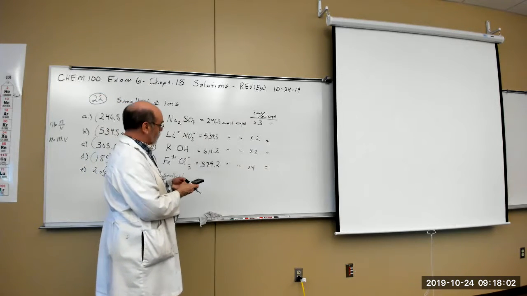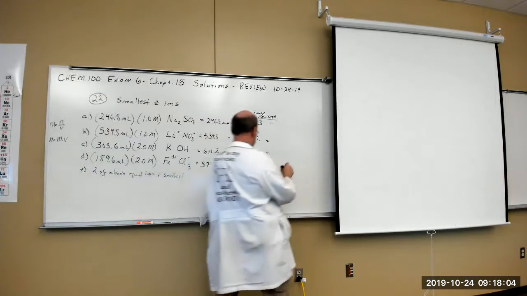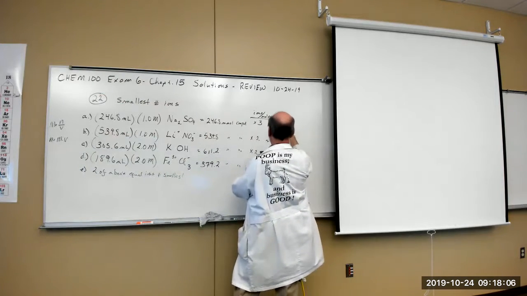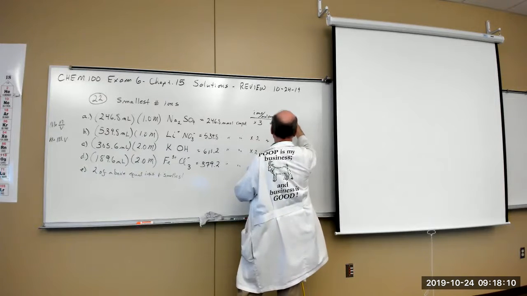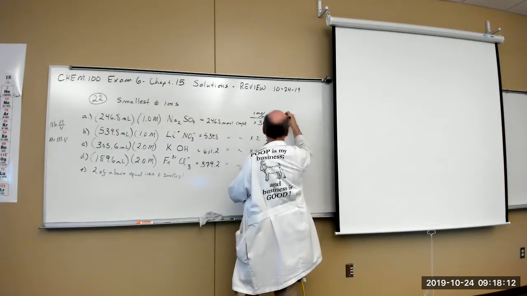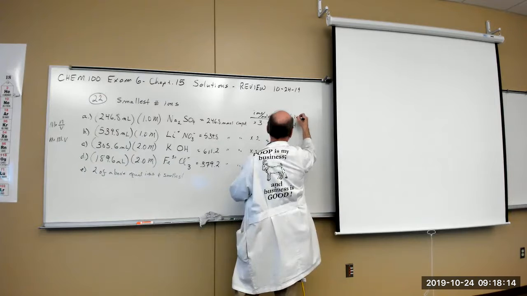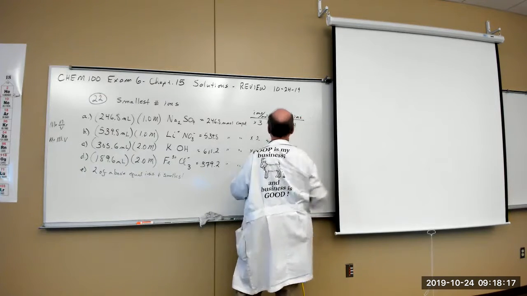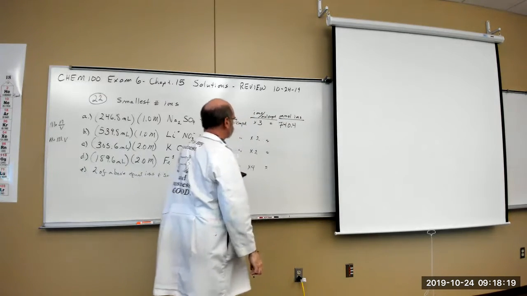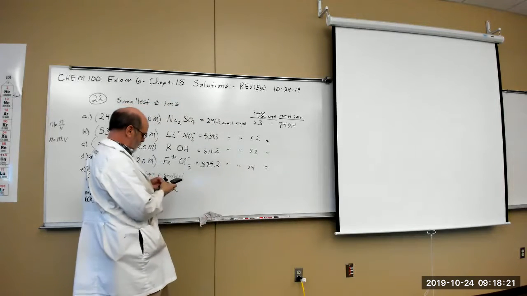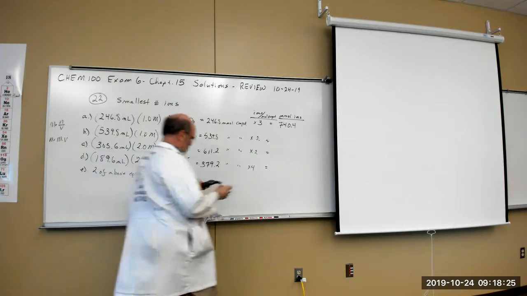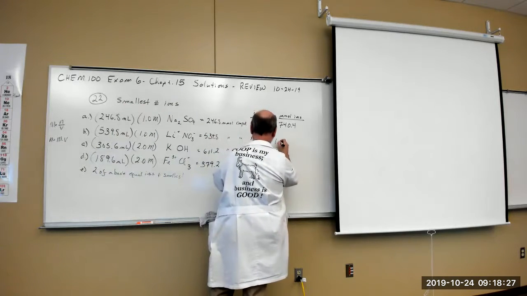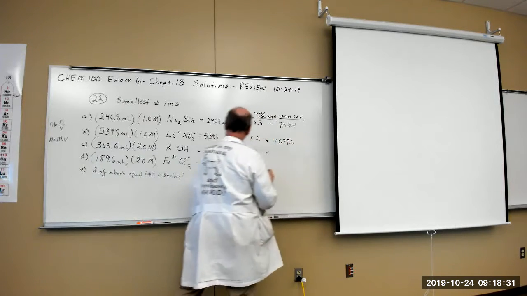246.8 in there. So this is 740.4. This is millimoles of ions. And 539.8 times 2 is 1,079.6 millimoles.